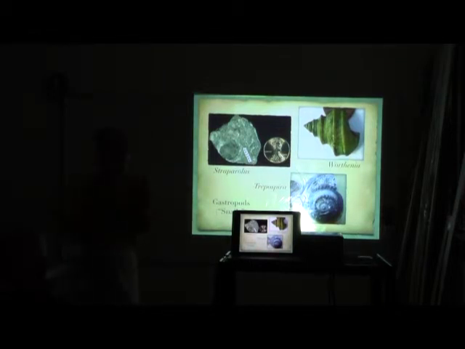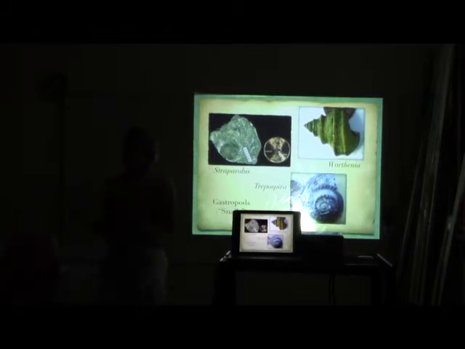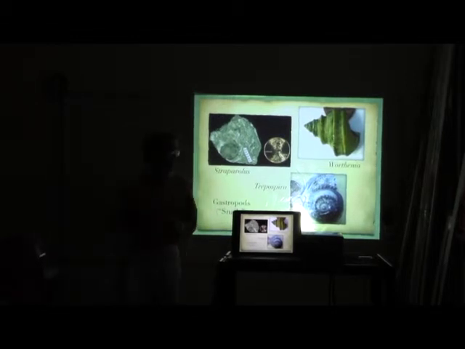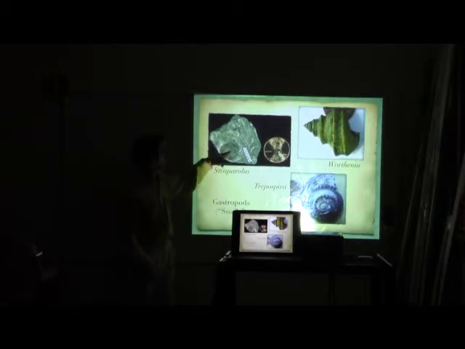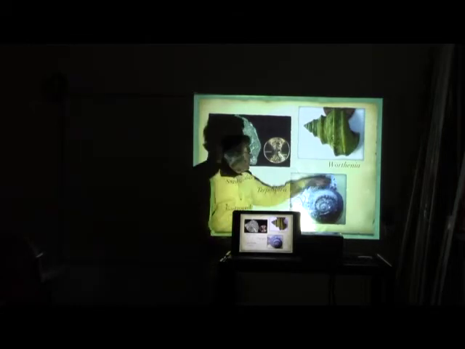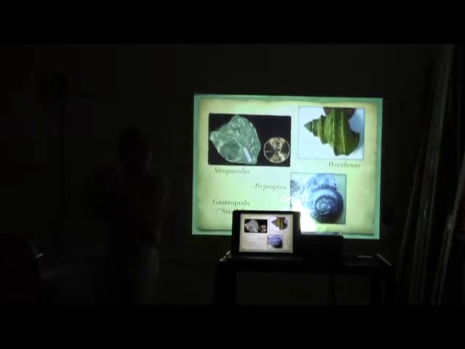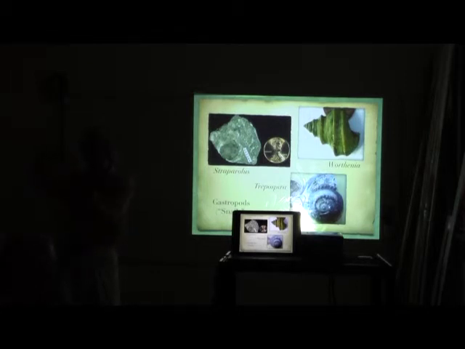But just to run through some of the things that's possible to find, there are a variety of gastropods or snails. This is a fairly common one. It's called Staphylococcus. It's unusual because most snails, their shells coil out, so they spiral out, right?